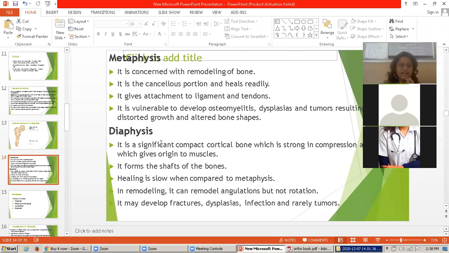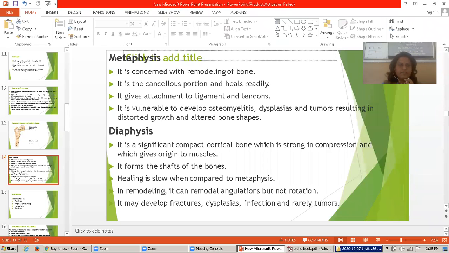And next is the diaphysis. It is a significant compact cortical bone which is strong in compression and which gives origin to the muscle.